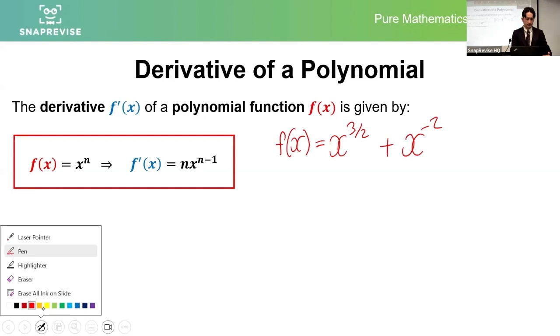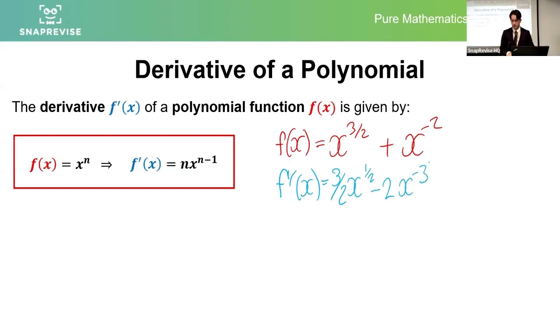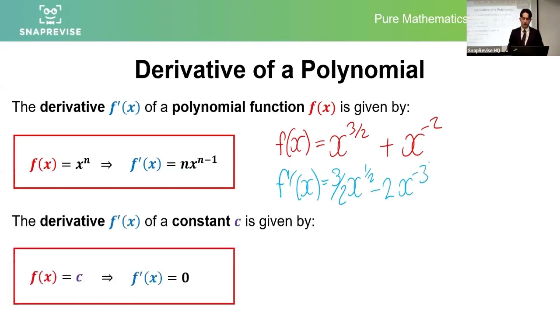If we differentiate that, feel free to work ahead of me: 3 over 2 x to the half, minus 2x to the minus 3. That's the kind of Year 12 stuff you did. Another important thing is that the derivative of a constant is 0. So x squared and x squared plus 2 both have the derivative 2x. Very well done if you're happy with that recap.